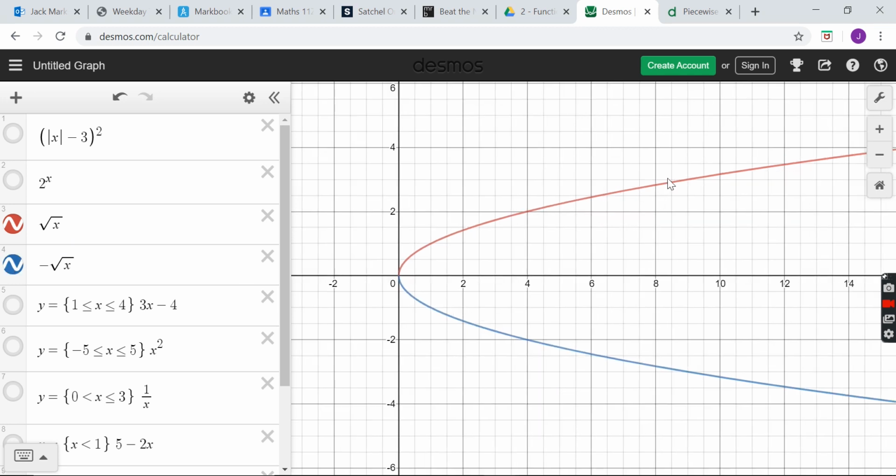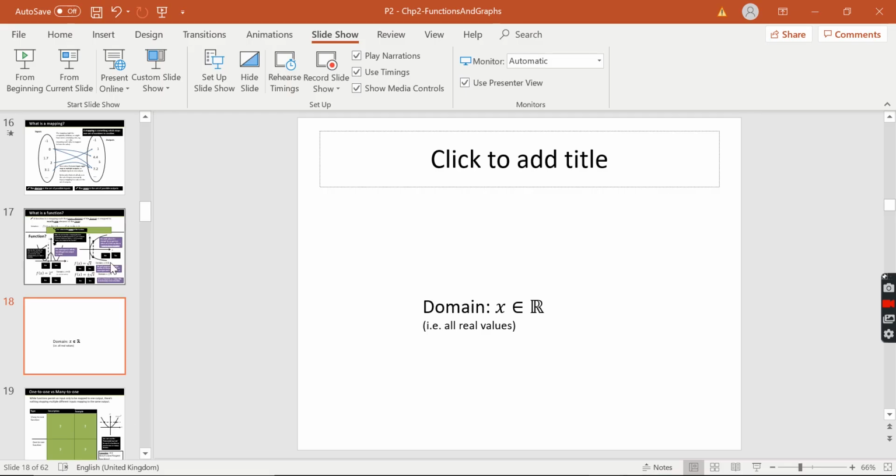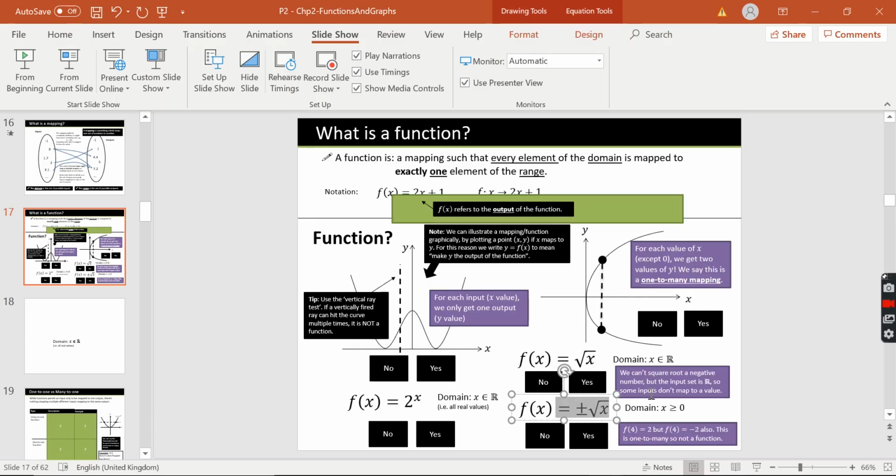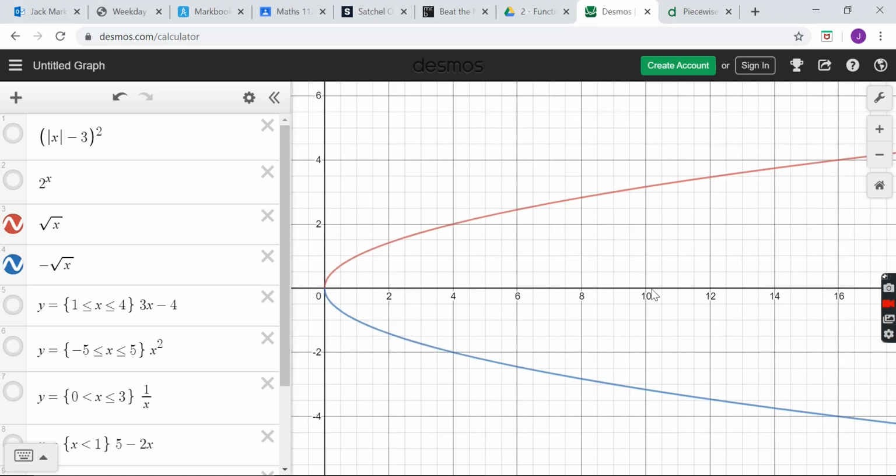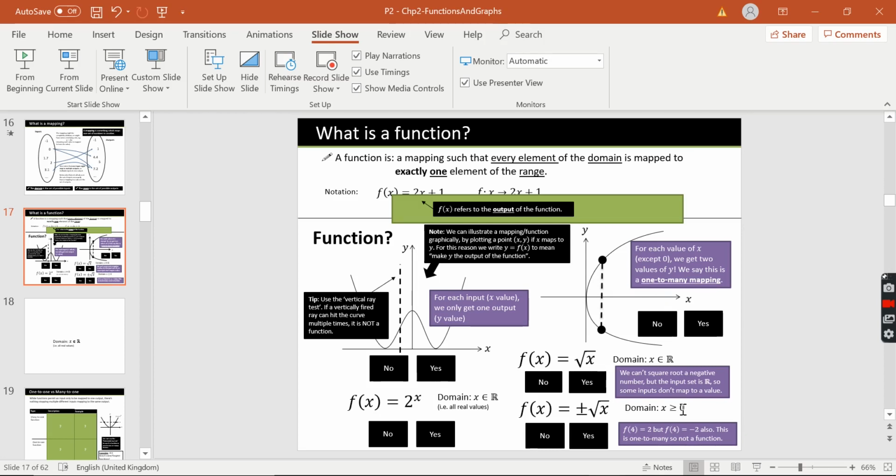Let's look at the next case. I want you to consider the red and blue lines together now. Let's consider the case of plus or minus root x. Is this a function? Is this a function if I restrict the domain, if I say you can only do this where x is greater than or equal to 0? That kind of fixes the problem before.